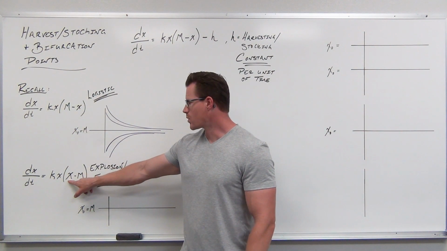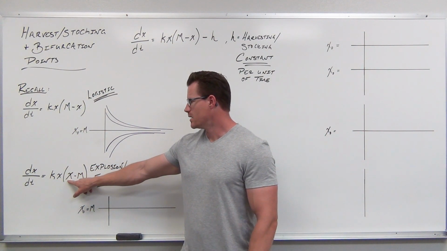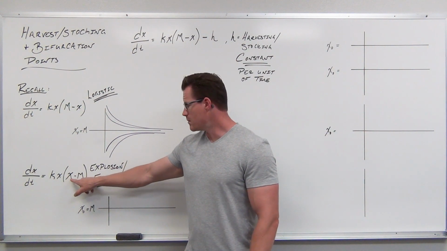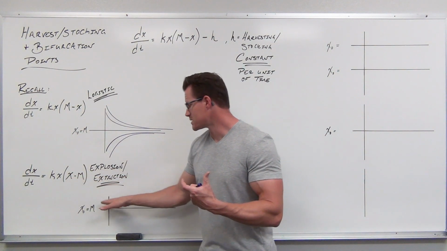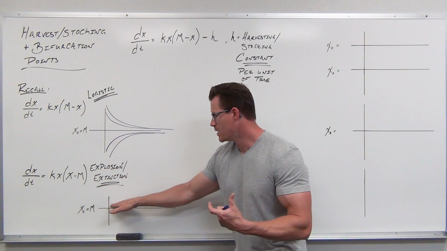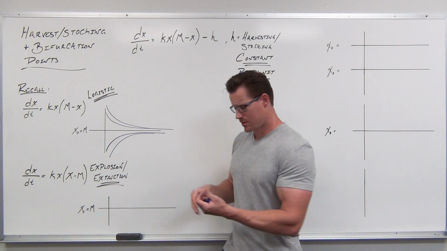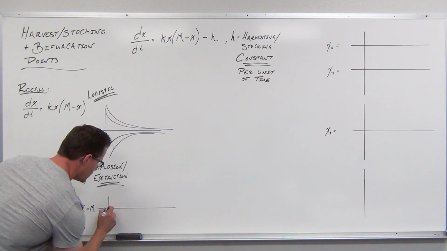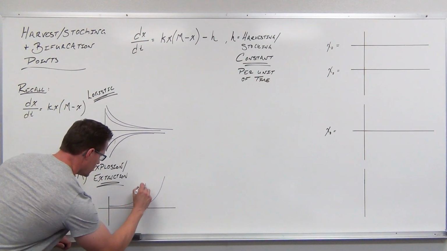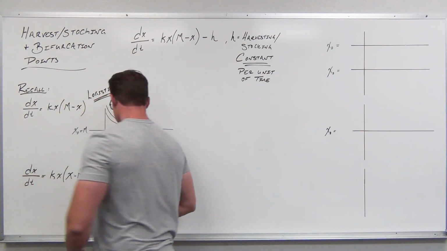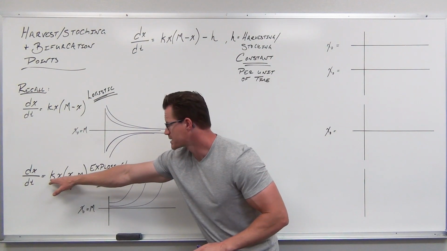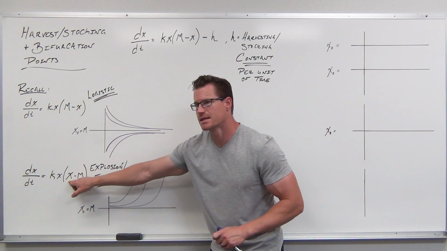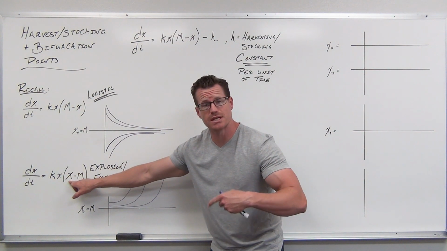However, look at what happens when x is greater than m. If x is more than m, then something bigger than m minus m would give you a positive. So positive times positive times positive. If we start above m, we explode. Take a look at below m. If we start below m, positive times a positive, now something less than m minus m would give us a negative number.